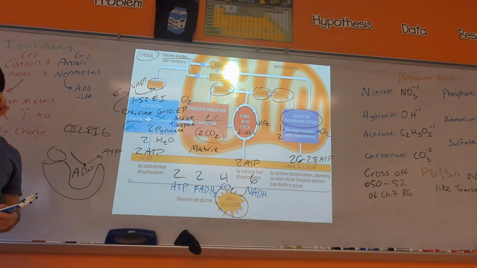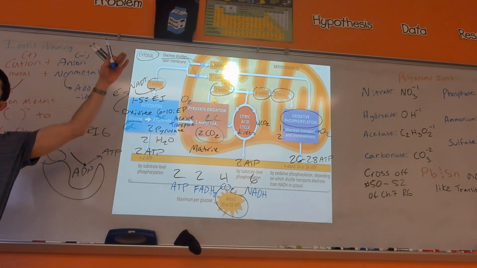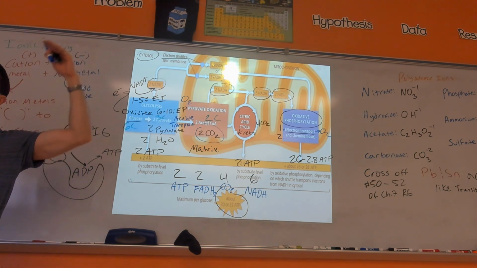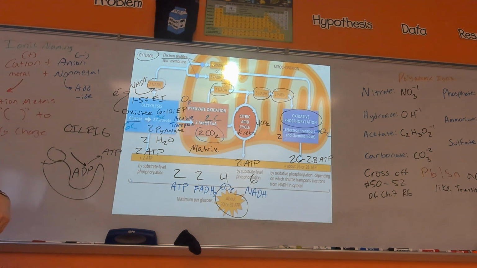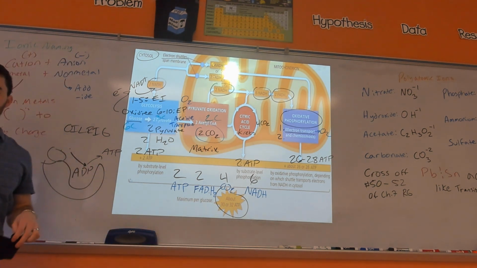The chemi is referring to those hydrogen ions, and osmosis is those hydrogen ions wanting to go from more to less, and in the process you make most of your ATP. And I'll show you those reactions in a second. But if you understand this slide, you're in a pretty good spot for cellular respiration.